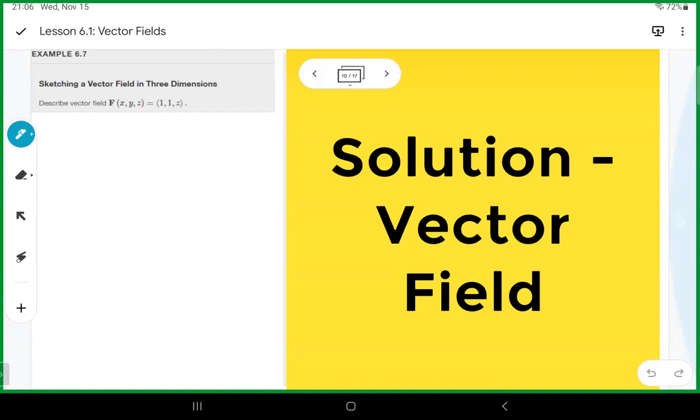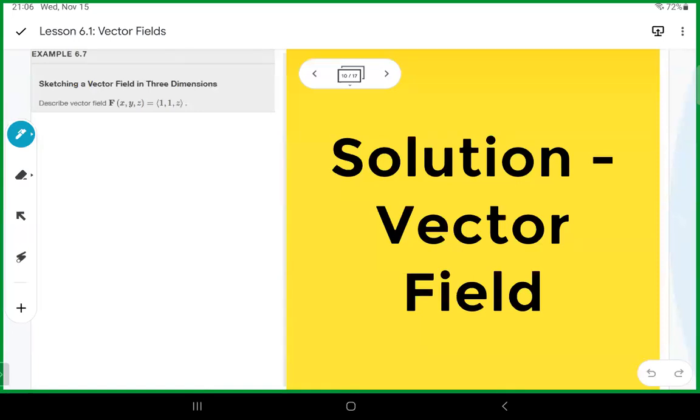So, for this vector field, the x and y components are constant. So every point in R3 has an associated vector with x and y components equal to 1. To visualize the vector field, we consider what the field looks like in the xy plane.